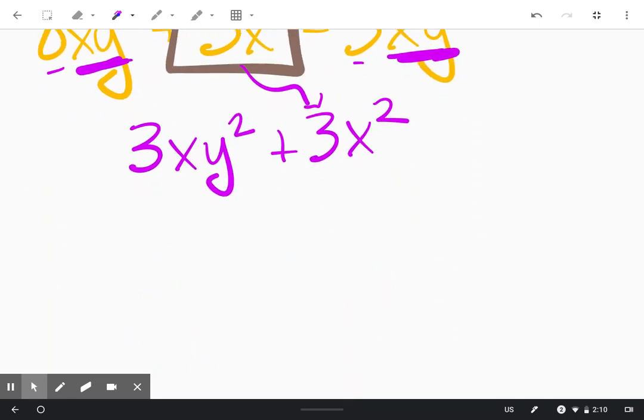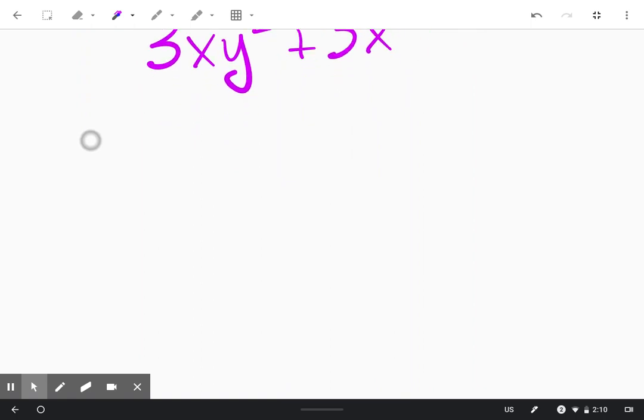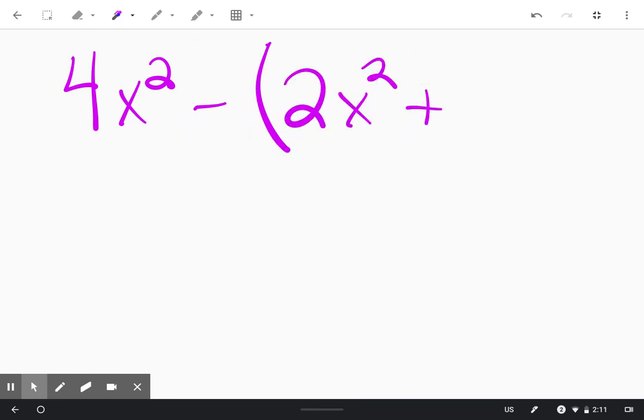So let's unpack this a little bit more and look at another example. Let's say I had 4x squared minus, and then we have parentheses, 2x squared plus 3x.